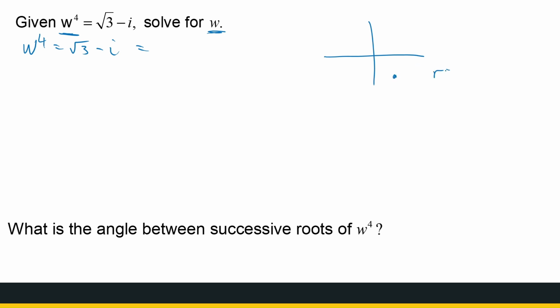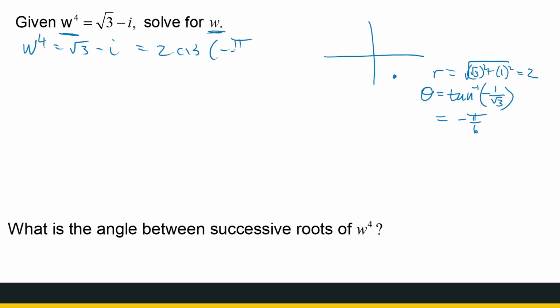My r value is the square root of root 3 squared plus 1 squared, so that is root 4, which just gives me 2. And my principal argument is arctan of b over a, minus 1 over root 3, and that gives you minus pi over 6. So I can rewrite that as 2 cis minus pi over 6.